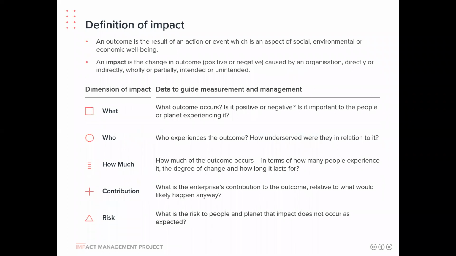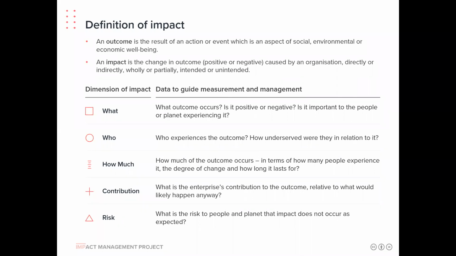So just to get some preliminary terms clear, many organizations have particular definitions that they use for the terms outcome and impact. But just to be clear what we mean by those terms in this context, an outcome is the result of an action or event, which is an aspect of social, environmental, or economic well-being.